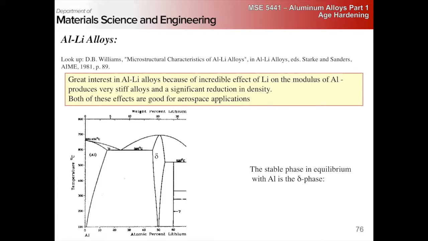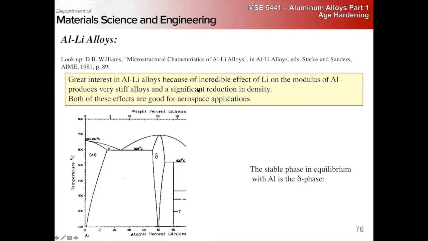Did anyone not know our dean's a metallurgist and microscopist? He wrote the book, Williams and Carter, one of the most famous textbooks on electron microscopy. And he did a lot of the really early work with aluminum lithium alloys when he was at Lehigh. So this is still a really good paper, even though it's a bit dated. The micrographs are kind of old, but it has a lot of really good information in there.